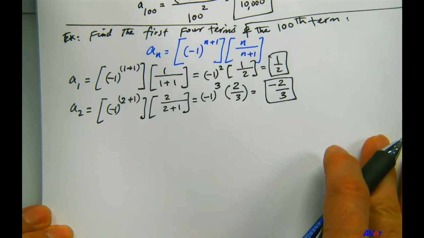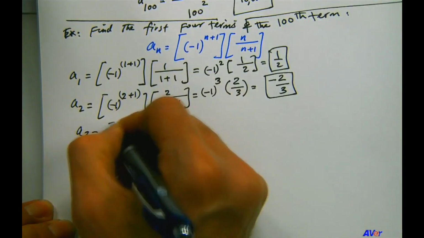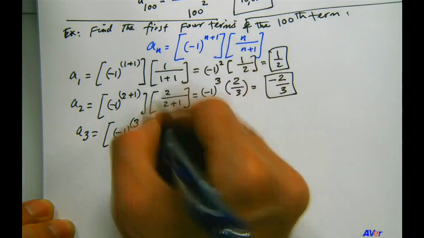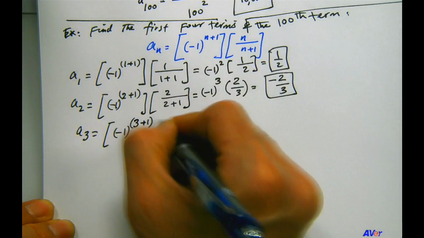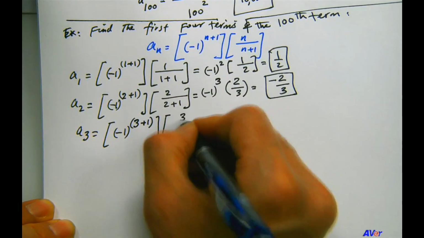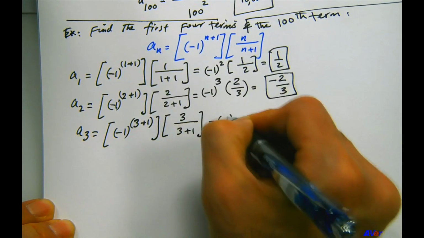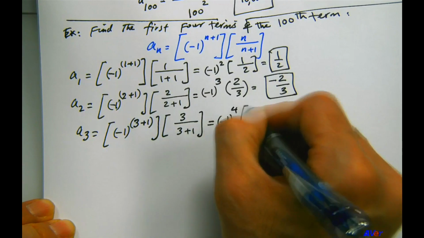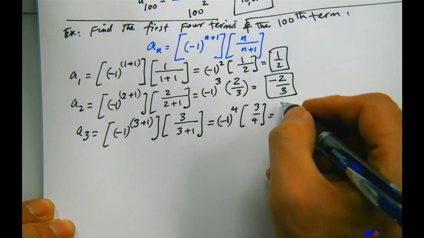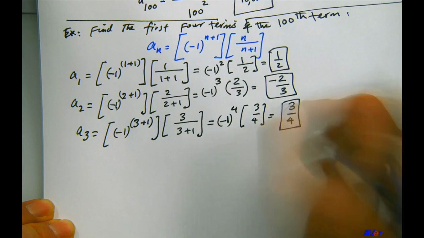Okay. So let's find the third term in the sequence. Wherever you see n, replace it with 3, which is the location of the number we're finding. So we have minus 1 to the 4th power times 3 over 4. Minus 1 to the 4th power is just plus 1, times 3/4 is positive 3/4.